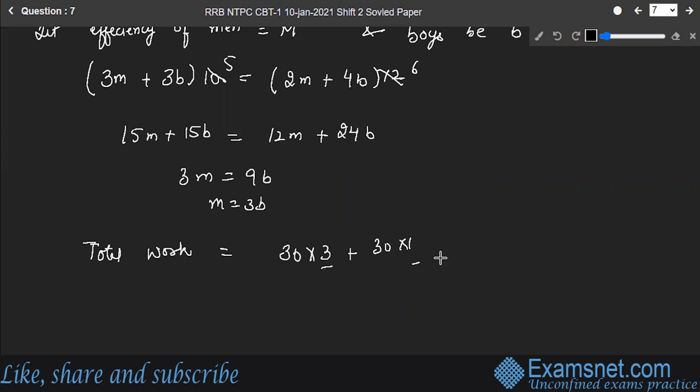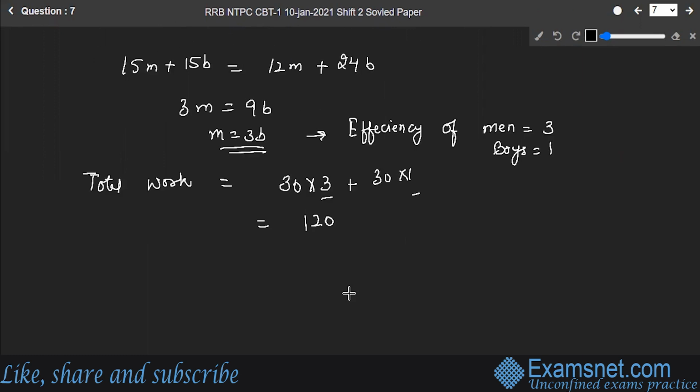Now, why is this 3 and 1? Because efficiency of man is equal to 3 times the efficiency of boys, right? So 30 into 3 plus 30 into 1, which will give you 90 plus 30, that is equal to 120. This is the total work.